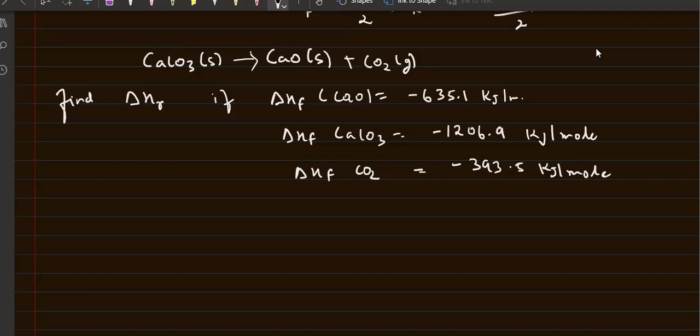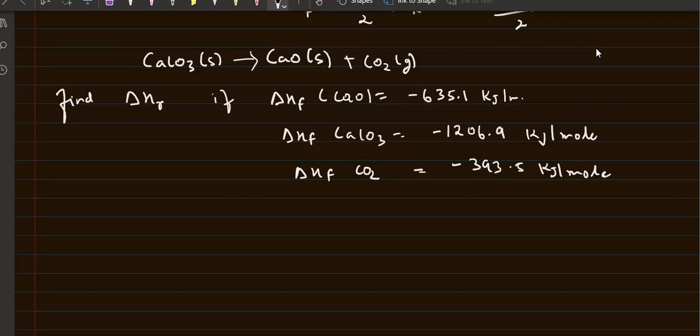You just have to find delta H of a reaction. So we have to use the first concept that we studied, that delta H of reaction is sum of delta H of product minus sum of delta H of reactant. Just calculate, everyone.